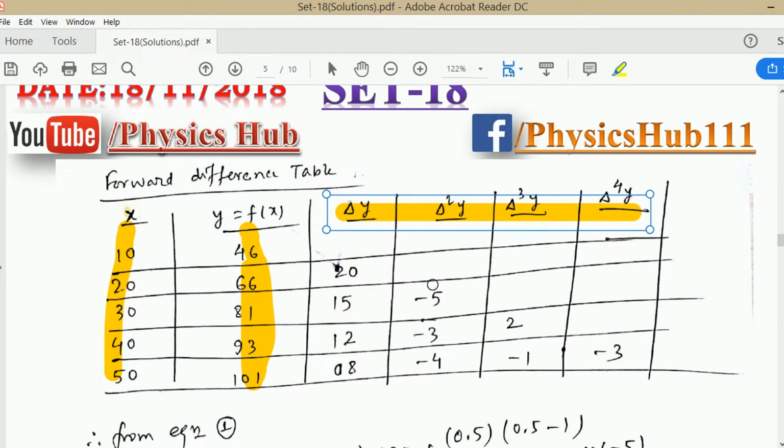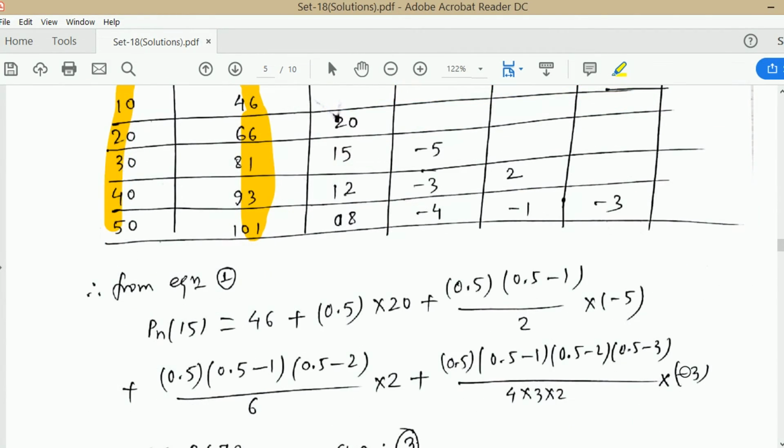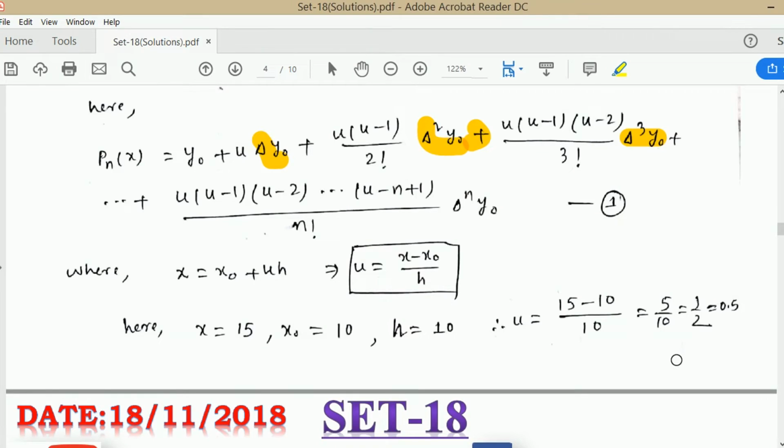For the next delta value, we repeat the same thing: 15 minus 20 is minus 5, 12 minus 15 is minus 3, 8 minus 12 is minus 4. Then minus 3 minus of minus 5 means plus 2, minus 4 minus of minus 3 equals minus 1, calculated in the same way. So we have everything we need to apply this formula.